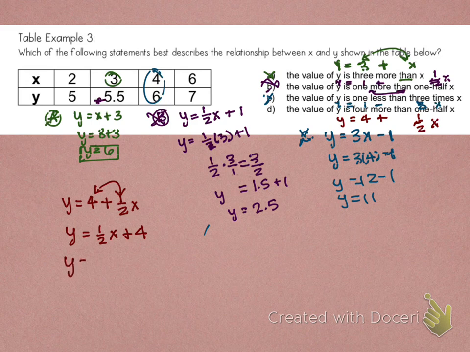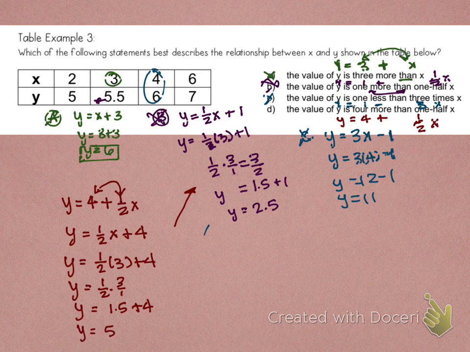Okay, so y equals, let's go ahead and do the 3 again. That's this right here, plus 4. So we already said that 1/2 times 3 over 1 equals 3/2, correct? Plus 4. 3/2 plus 4 equals 11/2.